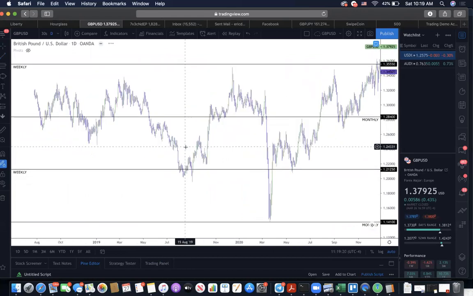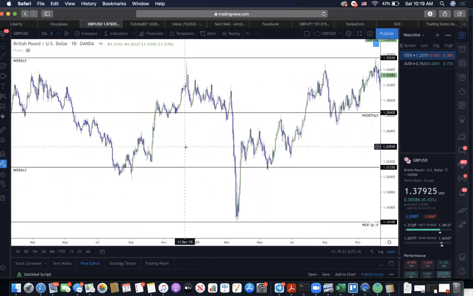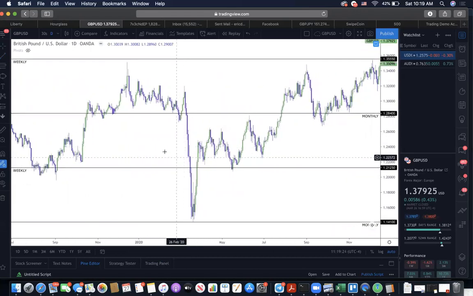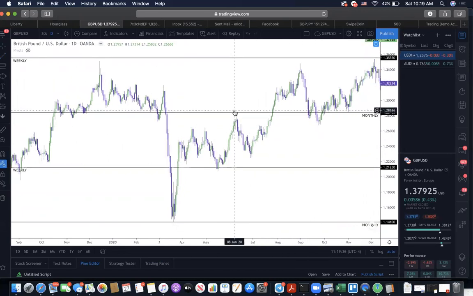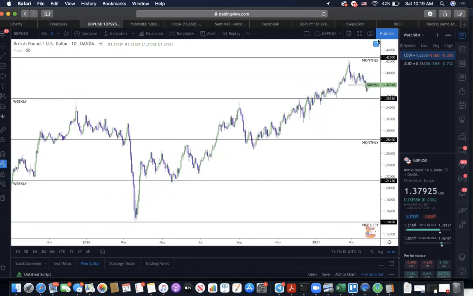Now we can look and see exactly what's been going on. This drop right here was crazy. Wow. And it came back. It tapped the monthly and went back and mitigated everything like nothing ever happened, and just kept going to the upside.